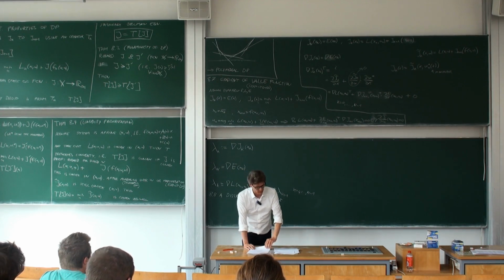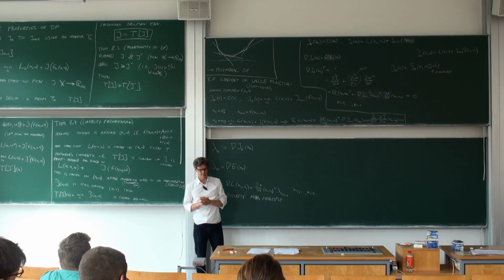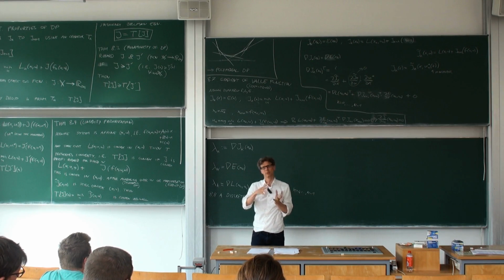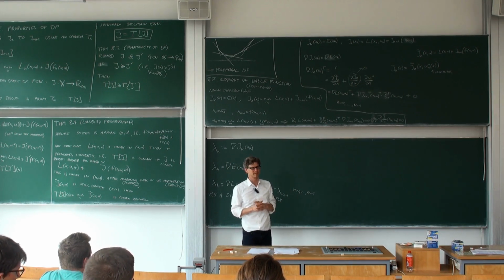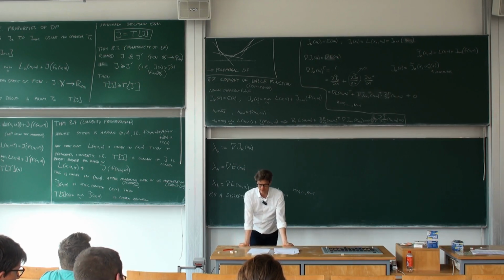Okay, so we are at the end, and I want to make an outlook. Next time I wanted to still present you an approach that's called differential dynamic programming, which builds on these ideas, but basically is just another way to solve the discrete optimal control problem with the Newton type method.